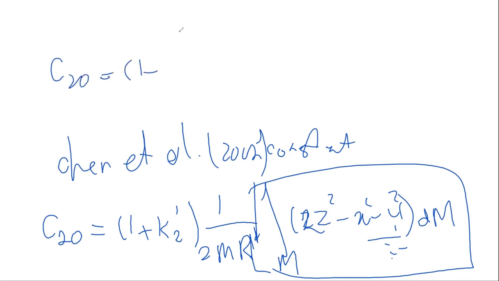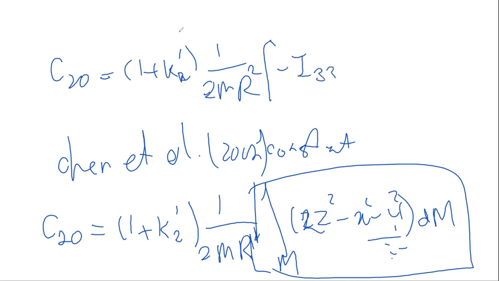But then I can write this in this form. C20 will be 1 plus the second Love number, times 1 over 2, the mass of the Earth, the radius of the Earth squared, and it will be minus I33 plus I22 minus I33.